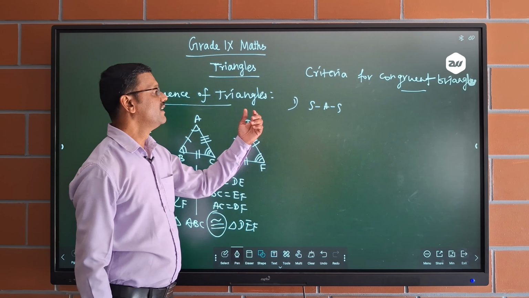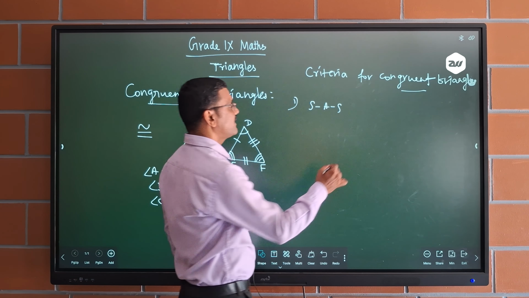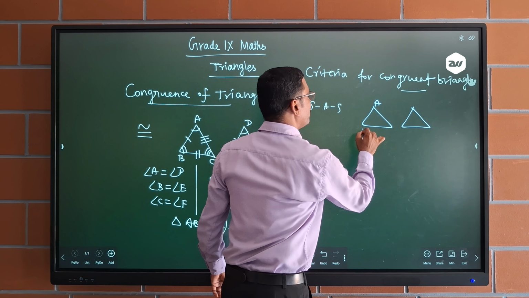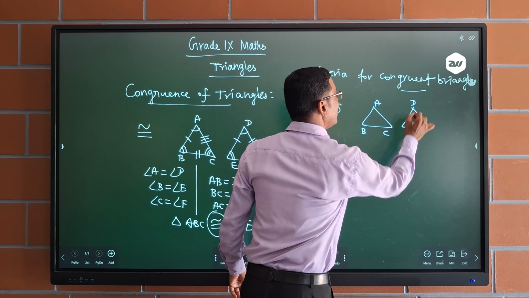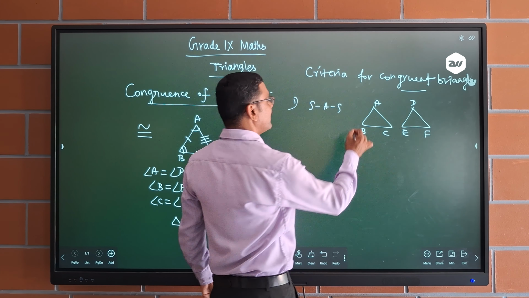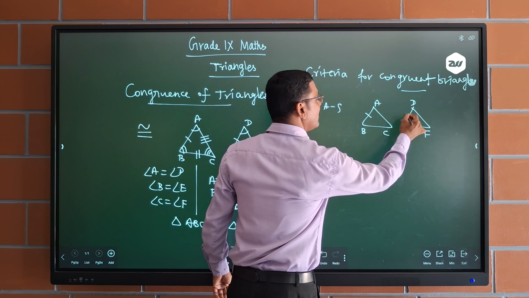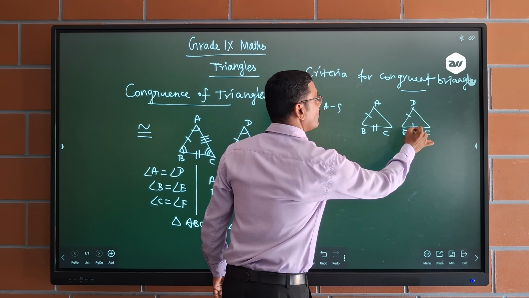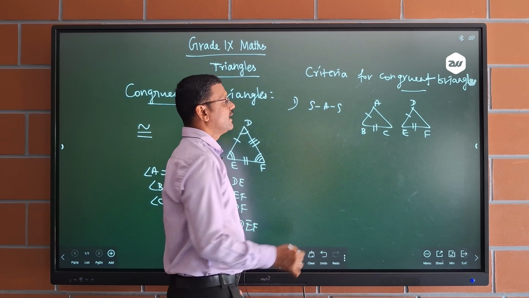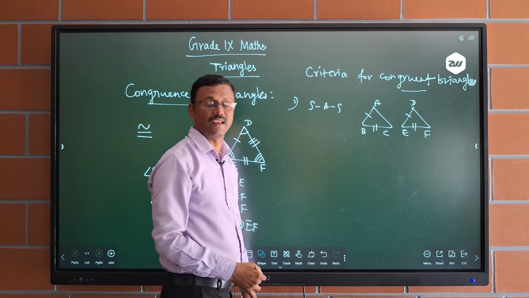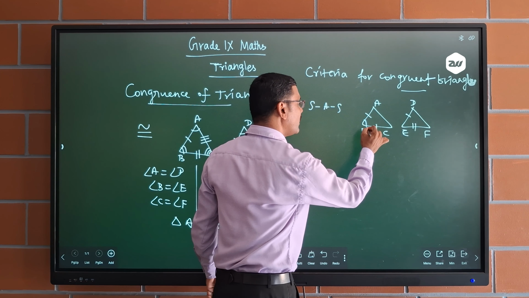SAS means what? Side angle side. So for example, you consider two triangles ABC and DEF. Here side AB is equal to side DE correspondingly, and side BC is equal to EF. Two pairs of corresponding sides are equal here, and one included angle.